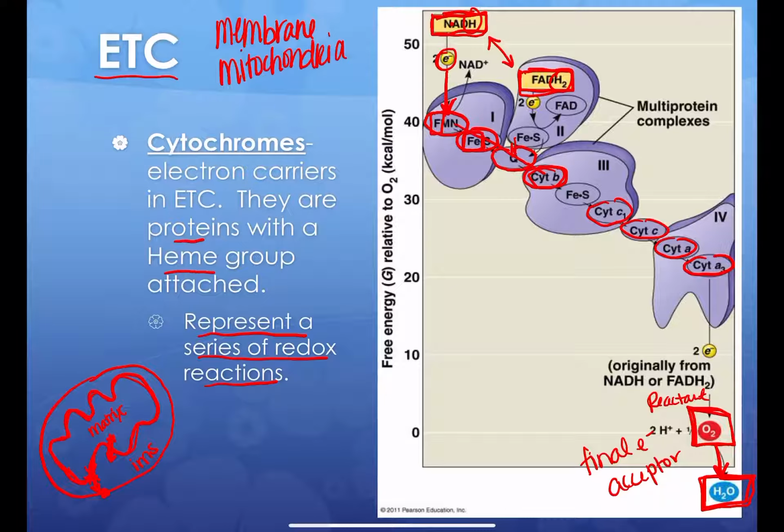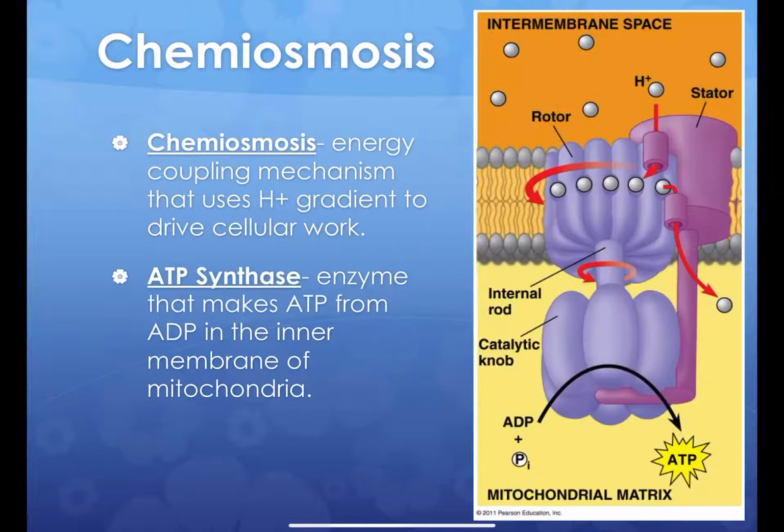But now this energy is going to be used, so it's not actually making ATP yet. It's going to be indirectly used to make ATP, all right? So let's see how that's done. It's going to be used in this process called chemiosmosis. That's why we get this name, electron transport chain / chemiosmosis, which is how the Campbell textbook refers to it.